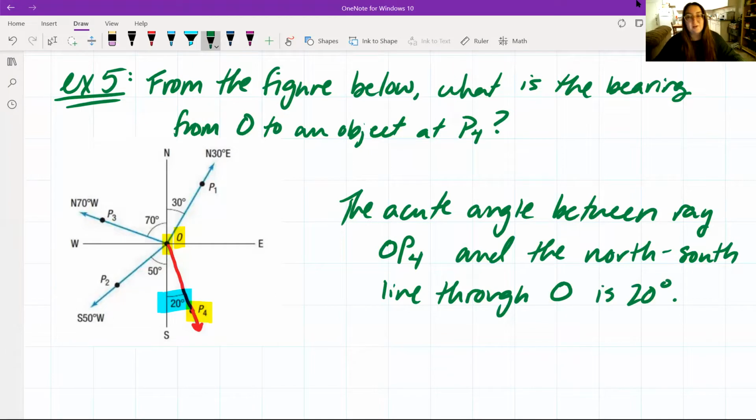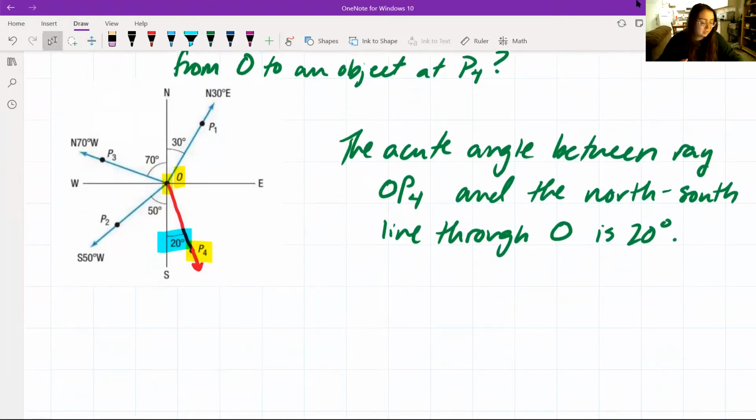So it is 20 degrees, but since we are giving direction, we do want to give directions as well. So these cardinal directions: north, east, south, west.